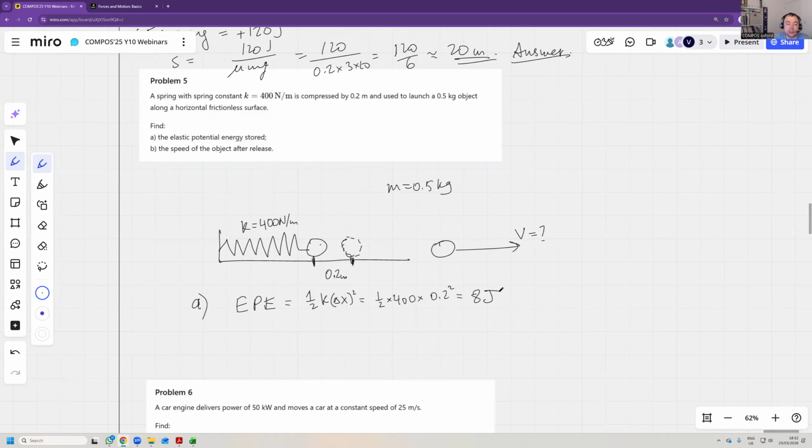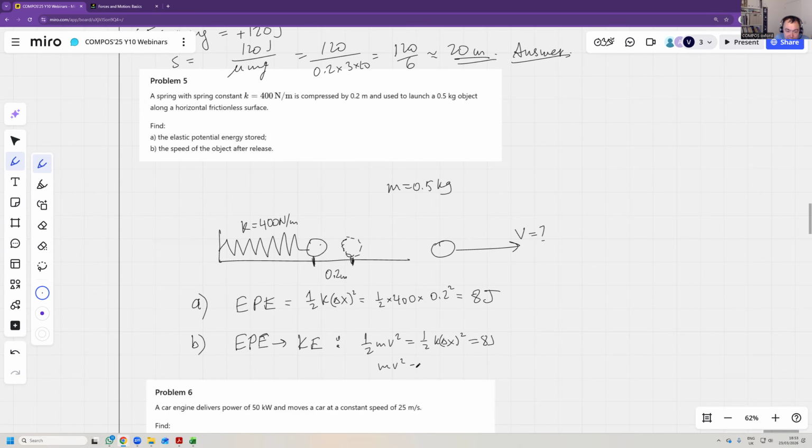That's the energy stored in the spring. Elastic potential energy is converted into kinetic energy. And therefore, 1/2 mv squared must equal 1/2 k delta x squared, and that's equal to 8 joules.